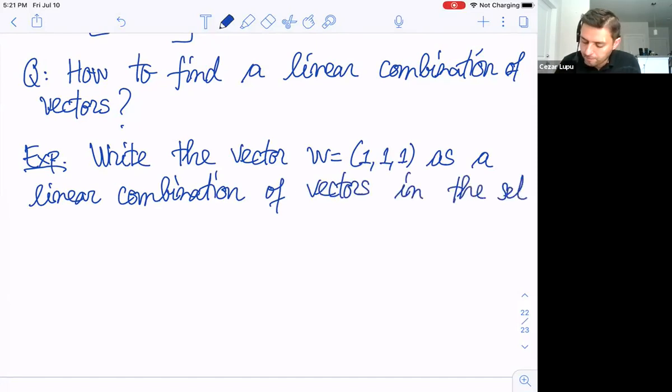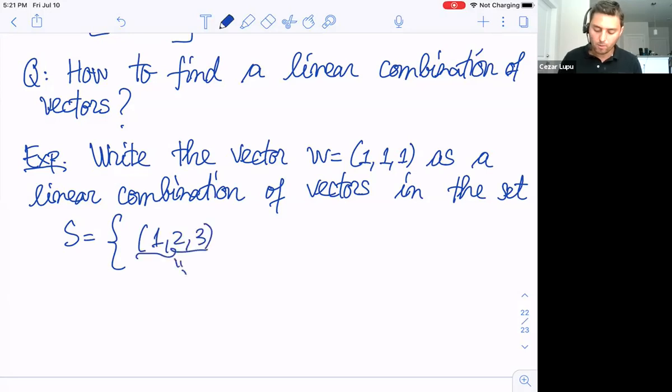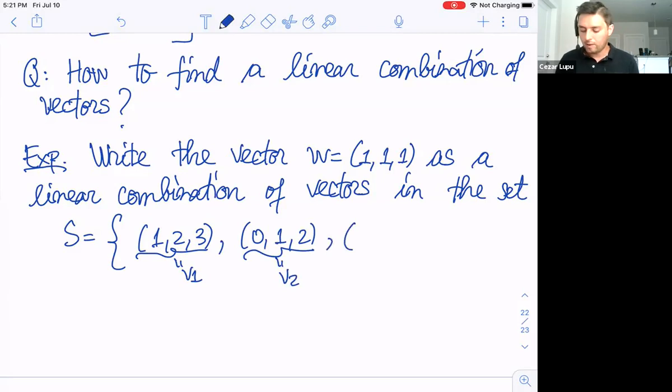Let's say this set S is given by (1, 2, 3). This is the first vector, let's say this is V1. The second one will be (0, 1, 2). This is V2. And the third one is (-1, 0, 1), V3.